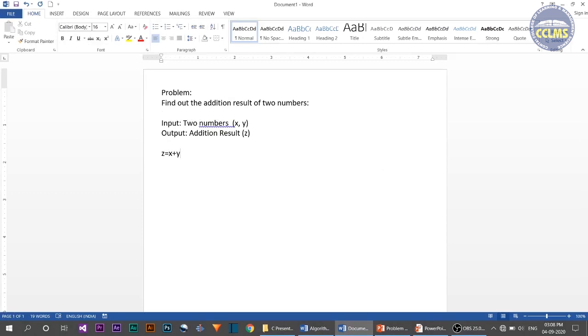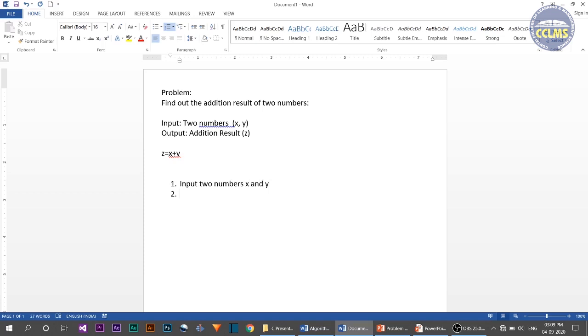In this way we can analyze the problem and find out what the solution will be. If we write it step by step: at first we take input two numbers, that is x and y.